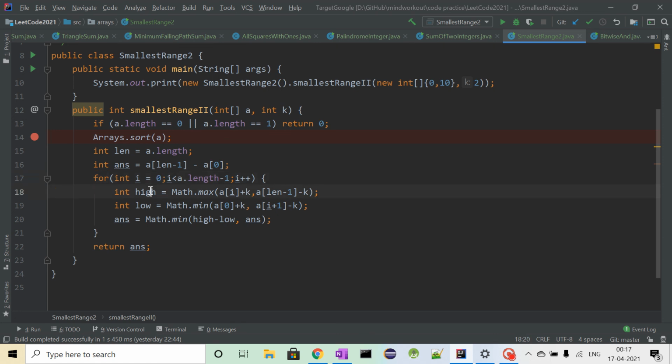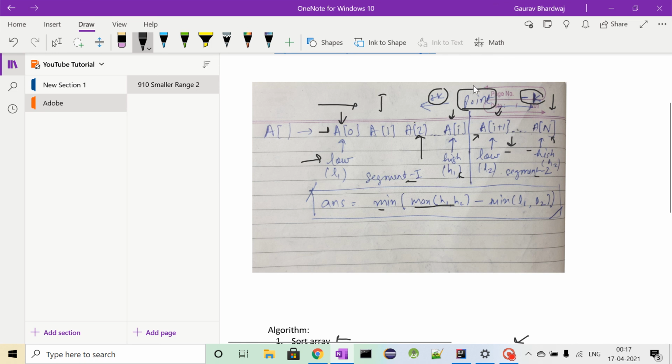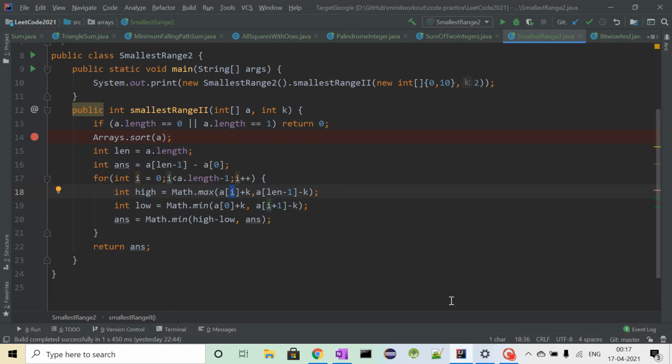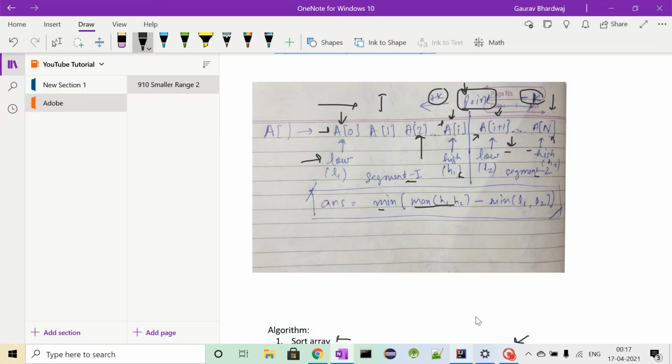So high is the max of A[i] plus k. So you can see it like this. This is i. Okay. So A[i] plus k, which I have mentioned here, and this is the second maximum.